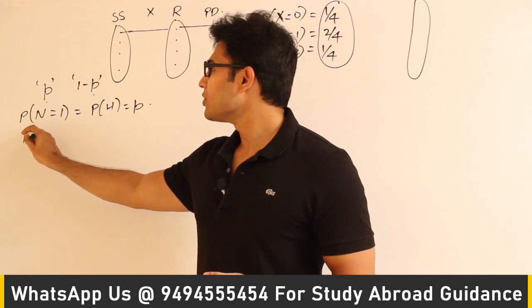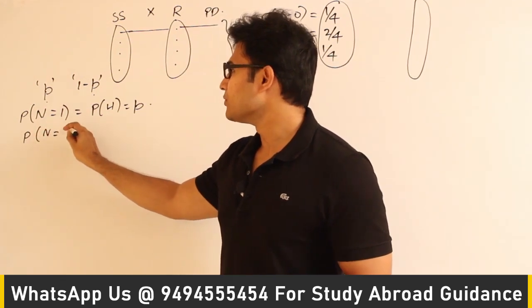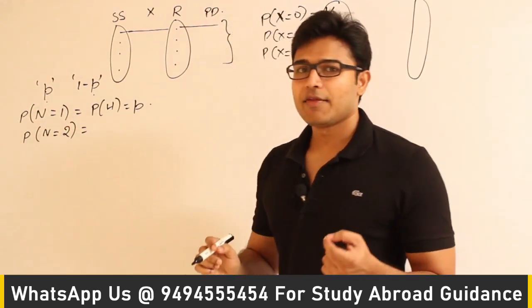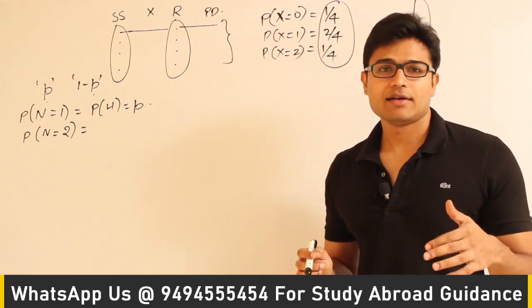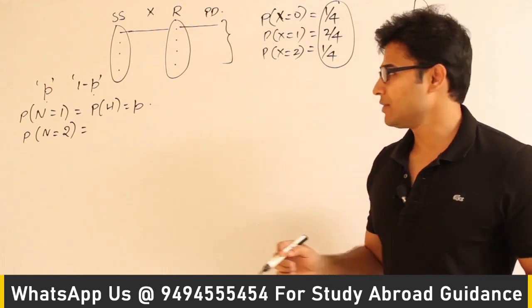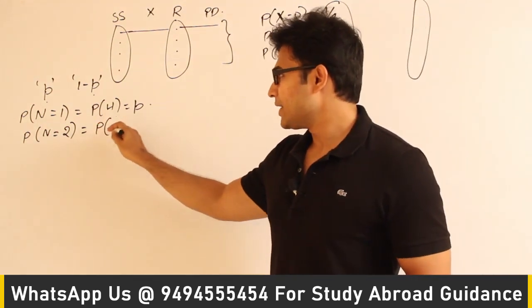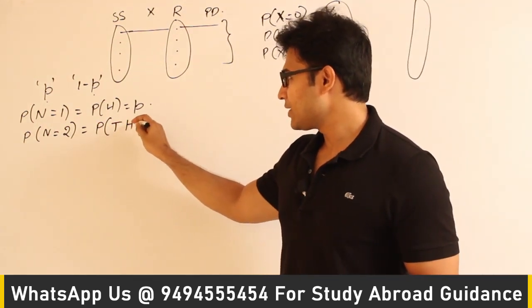Similarly, what about P of N equal to 2? What does it mean? Now in order to get the head for the first time, I'll not get it for the first time, but I'll get it in the second time, which means first time I'll get a tail and second time I'll get a head.